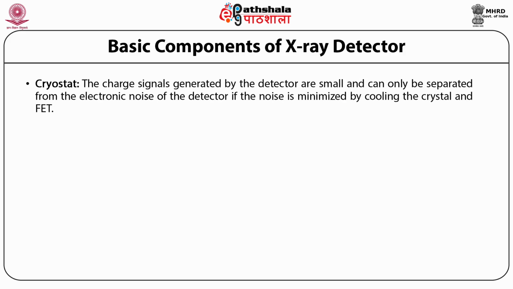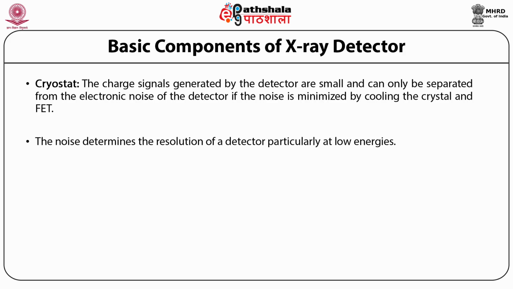Sixth is the crosstalk. The charge signals generated by the detector are small and can only be separated from the electronic noise of the detector if the noise is minimized by cooling the crystal and FET. The noise determines the resolution of a detector, particularly at low energies.